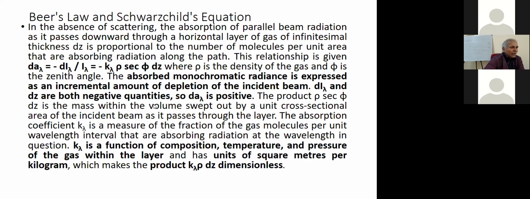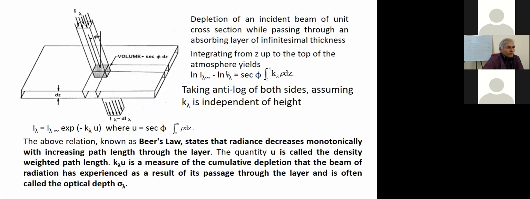So this Beer's law, when I integrate from a particular z till the top of the atmosphere, I get a relation here. So I lambda equals I lambda infinity times an exponential. What it tells you is that this is the initial radiation, and it undergoes absorption.